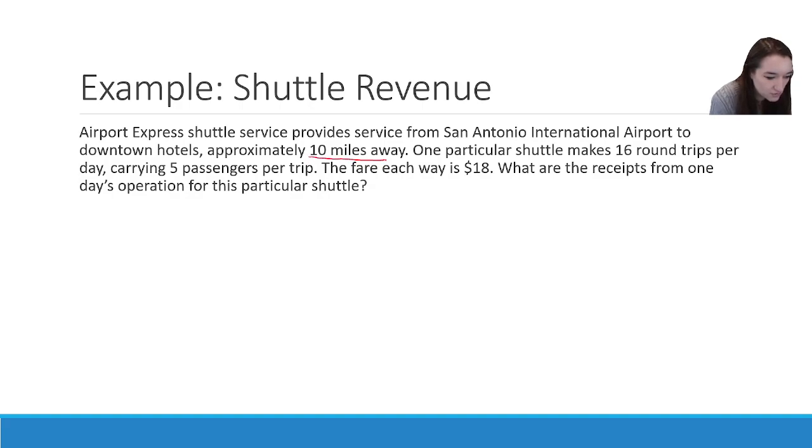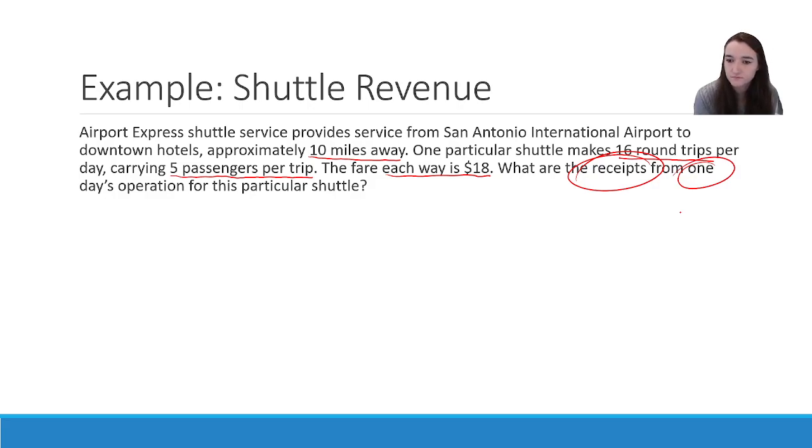Some key information would be 10 miles away, 5 passengers per trip, each way is $18, 16 round trips. All of that is important information. And then we want to think about our goal. What are we receiving in 1 day? In 1 day, right? That's important as well.